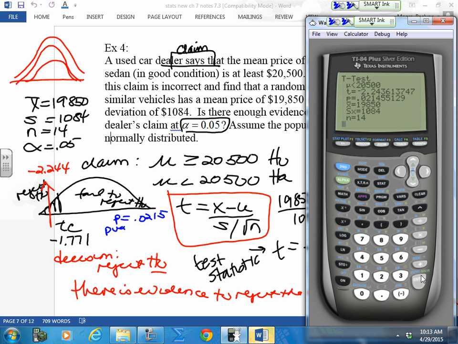So if we test p-value against level of significance, this is less than or equal to, my decision is still the same. Still reject H0. If you put it in your calc, you get your TC anyway. So it doesn't matter. That's the only place you're going to find your p-value is in there.